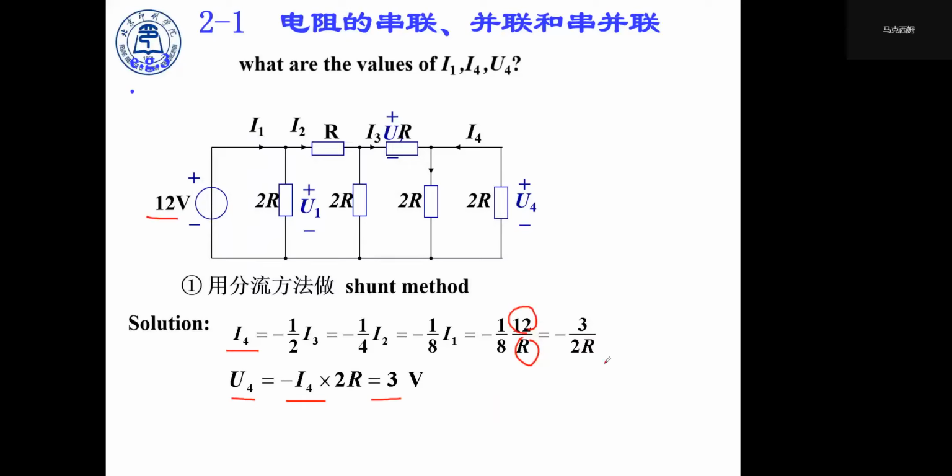And the result must contain R, no, because if you want to calculate the current, you have to use Ohm's law, both are right.